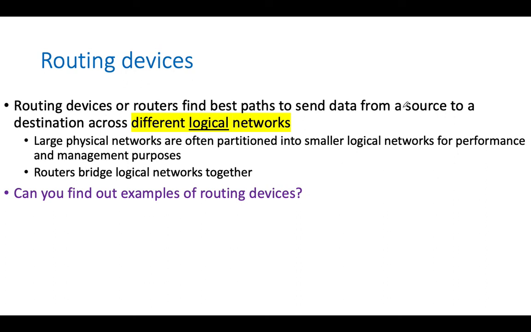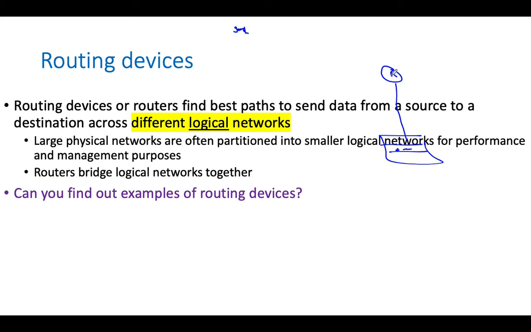What's the job of the router? Routing. It takes your data. You have a router here. This is my router, and this is my connection. For example, this is my network. Here I want to send data to Google, or get data from Google. I type in my browser google.com.